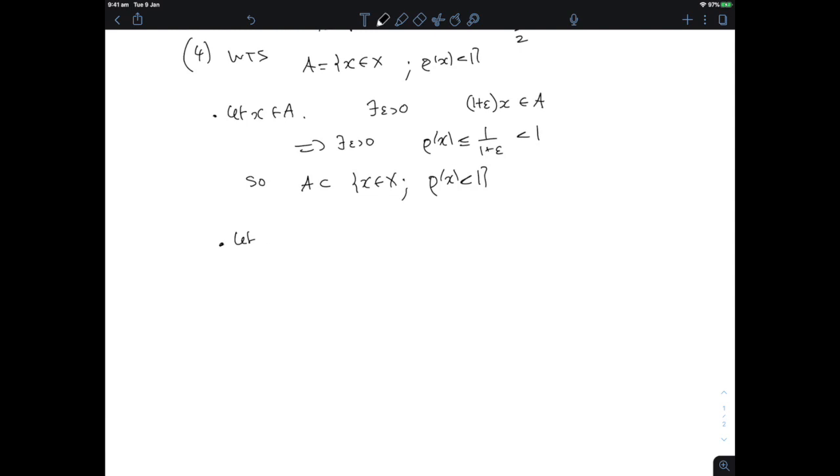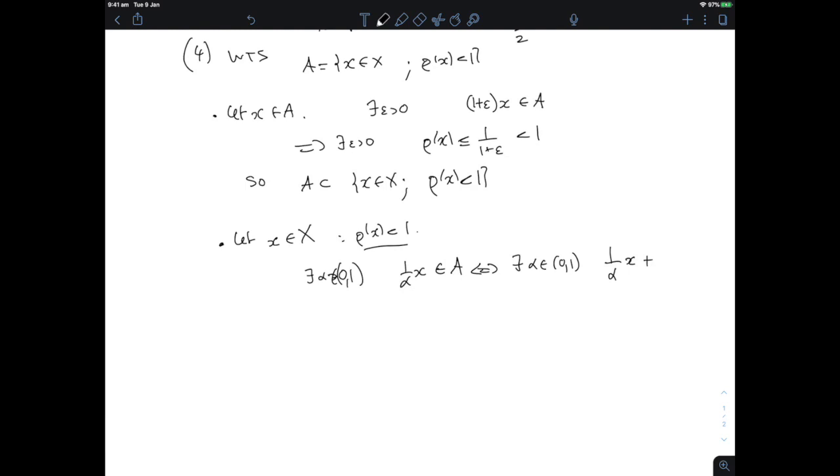Okay, so for the other inclusion, I take x in capital X such that rho of x is smaller than 1. And, well, what does that mean? It means that there exists a positive alpha, and sorry, my alpha has to be smaller than 1, obviously, such that 1 upon alpha times x is in A. My alpha is between 0 and 1.